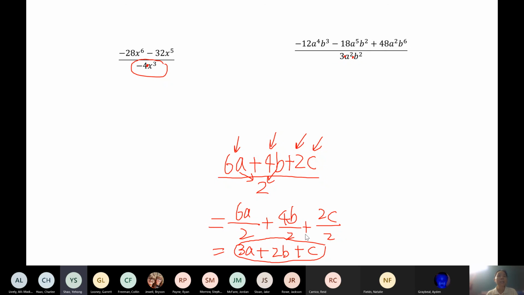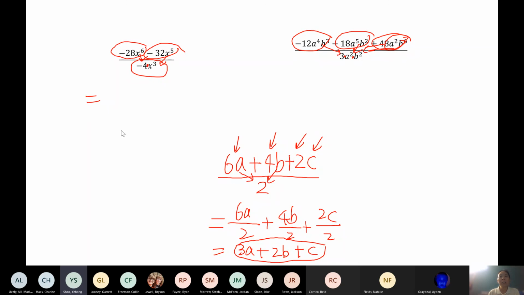This idea can be applied here the same way, except we have more variables. When we do this, treat the bottom as just the number 2. You take the first term, divide by the bottom, the second, divide by the bottom, and the third, divide by the bottom. Like Bryson said, deal with each one.